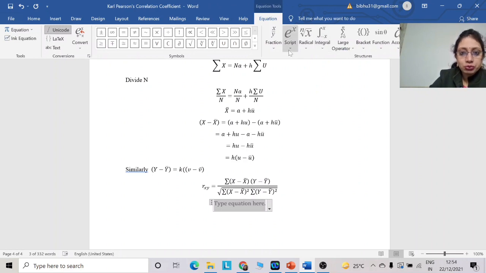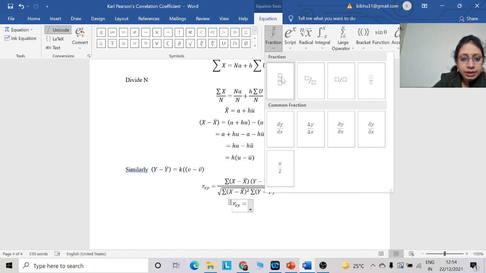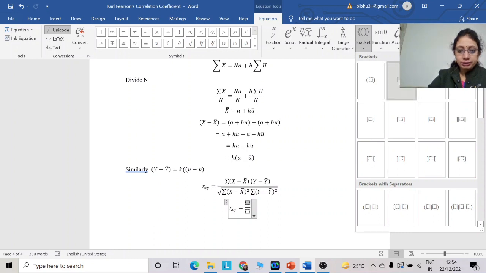So Rxy is equal to, now instead of x minus x bar, what I'll write? I'll write hu minus u bar. So let me first give the bracket here.